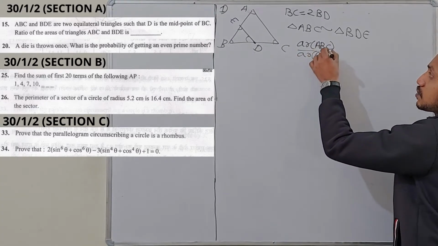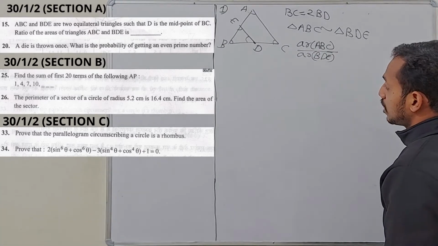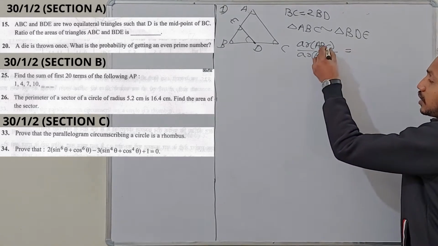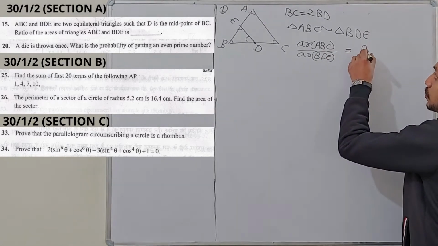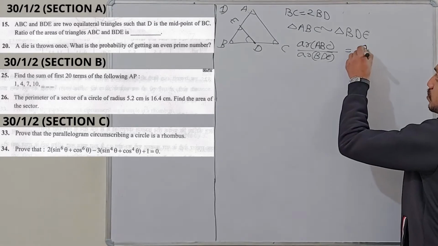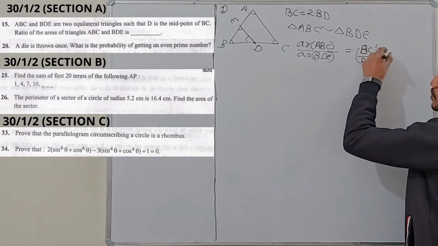According to Theorem 6.6, the area related theorem in the chapter on triangles, the ratio of the areas of two similar triangles is equal to the square of the ratio of their corresponding sides, that is (BC/BD) squared.